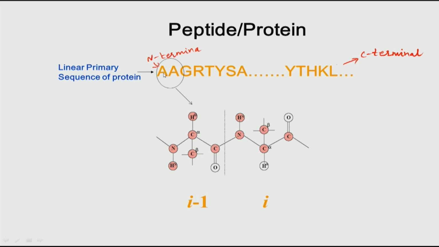So, if you go by this notation, we say I means this amino acid. Any amino acid we will call arbitrary I, and the one previous to it, that is before it in the sequence, will now be called I minus 1.